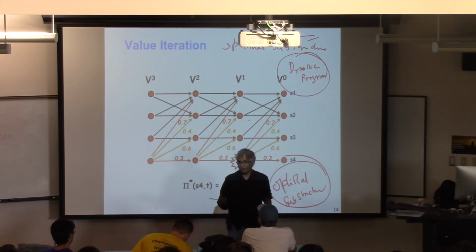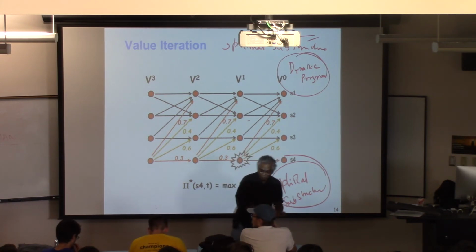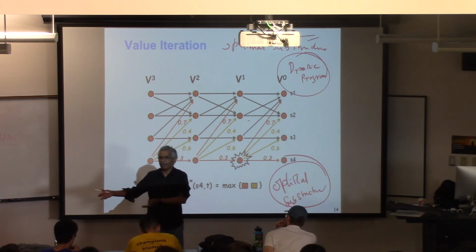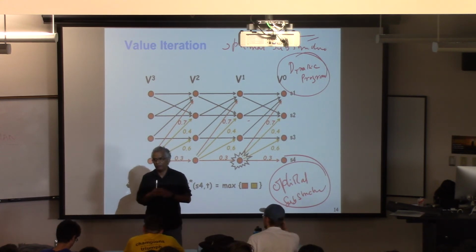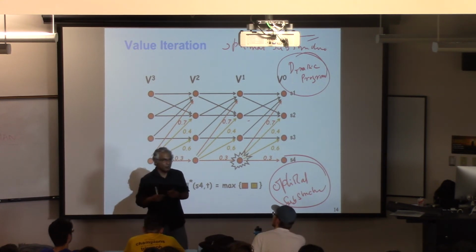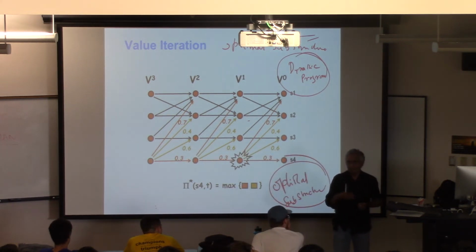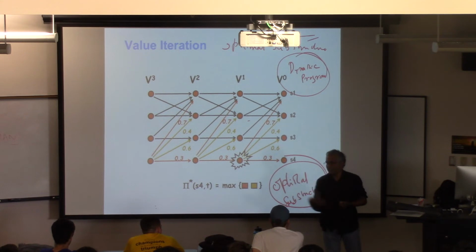Even if you live for 25 years, you still have an infinite amount of time to go. Which means the policy has to be stationary. It can't possibly differentiate between V1, V2, V3, etc.